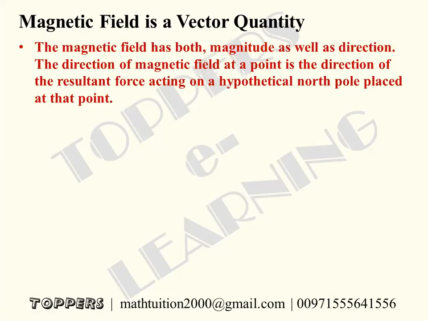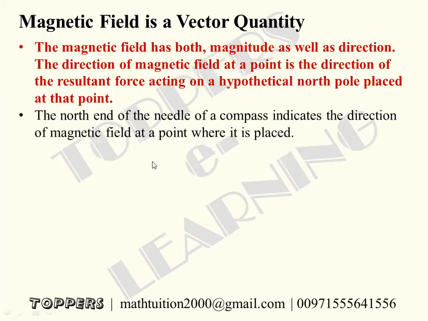Whichever direction it gets the force, that direction will be the direction of the magnetic field. See, the north end of the needle of a compass indicates the direction of a magnetic field at a point where it is placed.